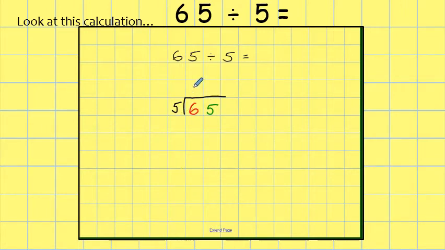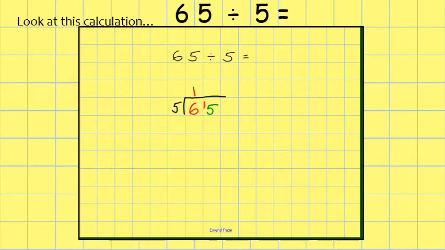We've got one lot of 5, haven't we? We've got one lot of 5 in 6. Now, to get from 5 up to 6, we've got one left over, haven't we? So we put that one left over, we carry that one over into this ones column. So now our 5 becomes 15 because we're moving one of these 10s. Okay? And we do the same. We say, how many lots of 5 are there in 15?